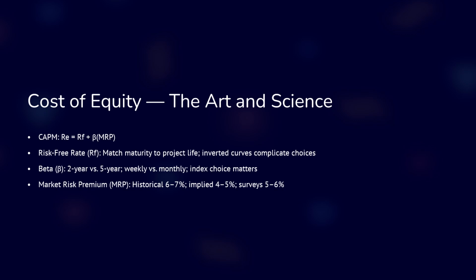Market risk premium. This is where experience matters. The historical average since 1926 is about 6.8%, but that includes the Great Depression and multiple world wars. So is that really relevant for 2025? In 2024, when I calculated implied market risk premium from current S&P 500 valuations, I got around 4.8%.